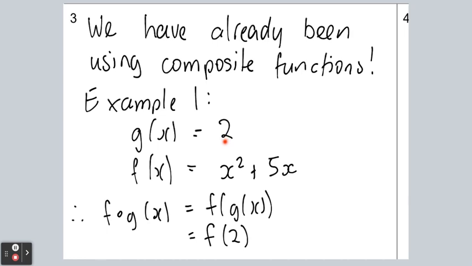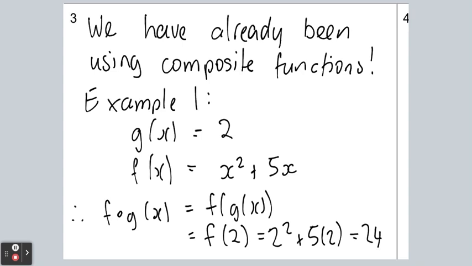So the y value is 2. Okay? So the rule for the new composite function, f of 2, is what I do now: I replace each instance of x with what g of x is, which is 2. So that would be 2 squared plus 5 times 2.